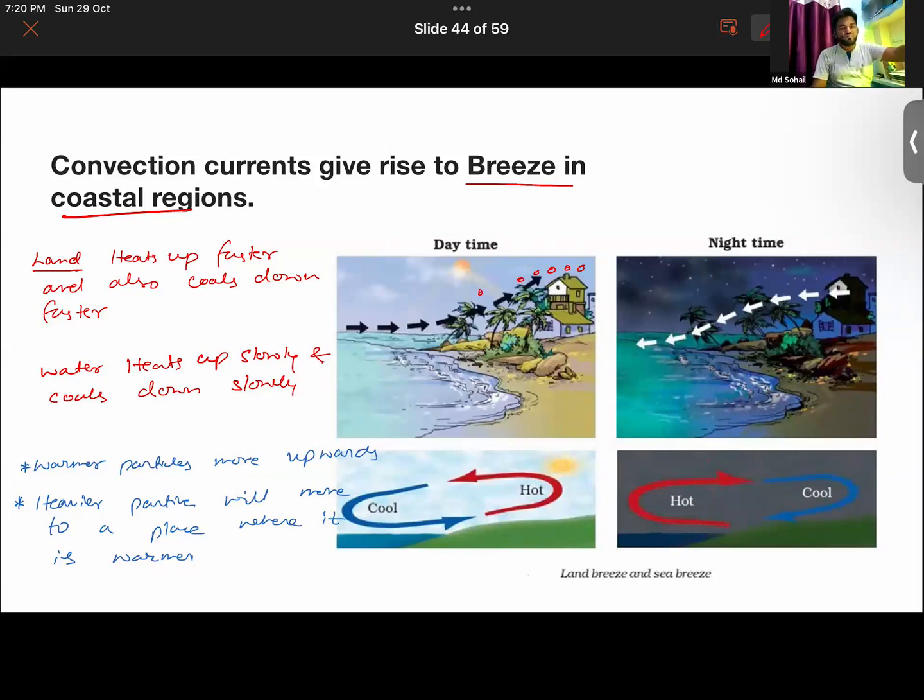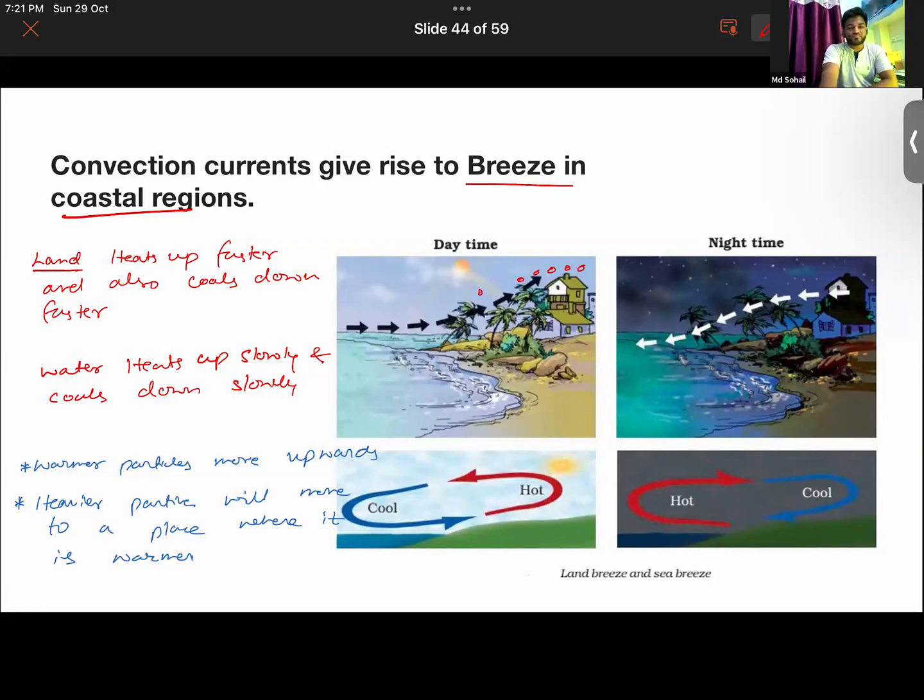Sir, as air is heated, the particles gain heat energy, allowing them to move faster and further apart. Right, that is correct. As they gain heat, they start to move more quickly in random directions. So they gain kinetic energy, and thereby they start to travel from one place to another.